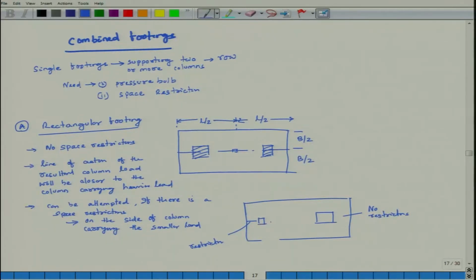So for a smaller column load you can attempt this rectangular footing. First one is no space restriction, second is the higher load side, and third, space restriction can be considered only when the smaller column is placed nearer to the space restriction.